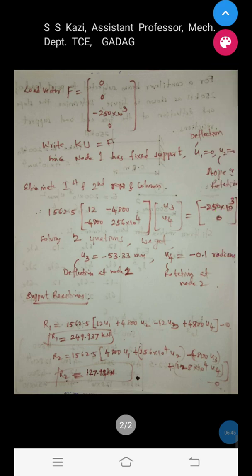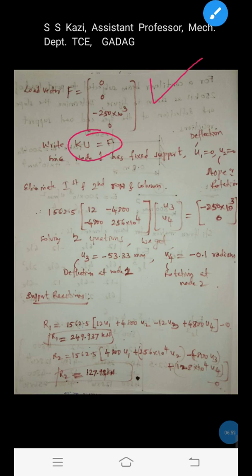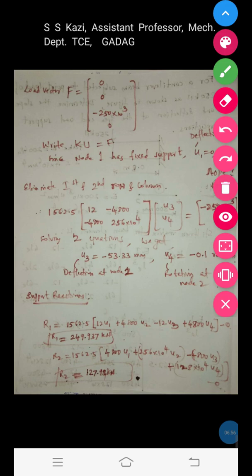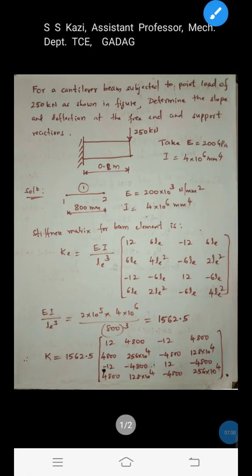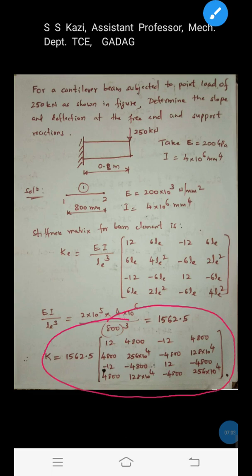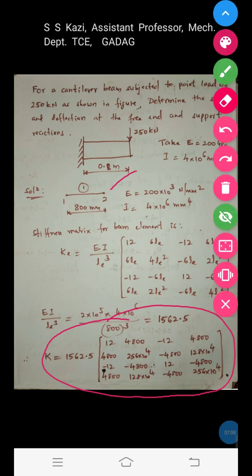Now here I wrote the load vector 0, 0, minus 250 into 10 raised to 3, 0. Next, write Ku is equal to F, that is the global equilibrium equation. If you write Ku is equal to F, then here the K matrix is this 4 cross 4 matrix. For this element, this is the global stiffness matrix. This is multiplied by the U matrix.